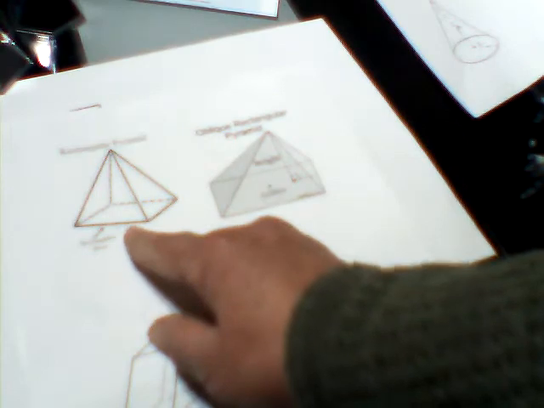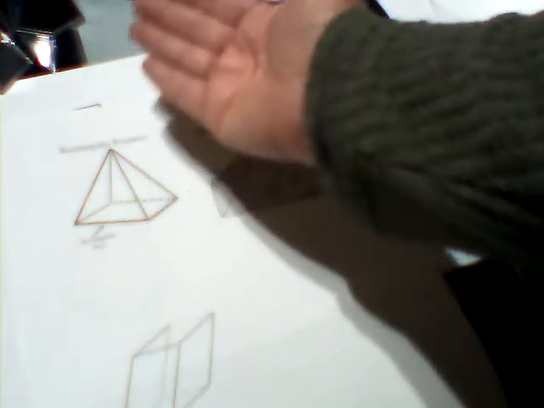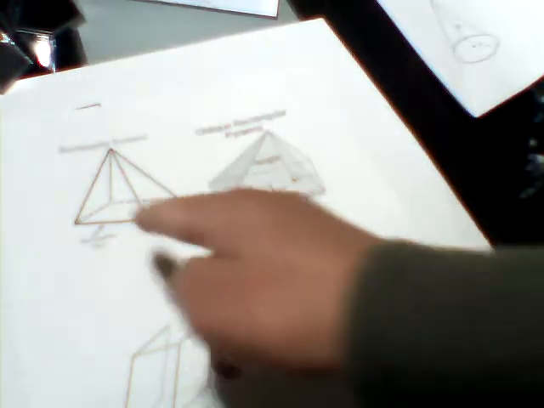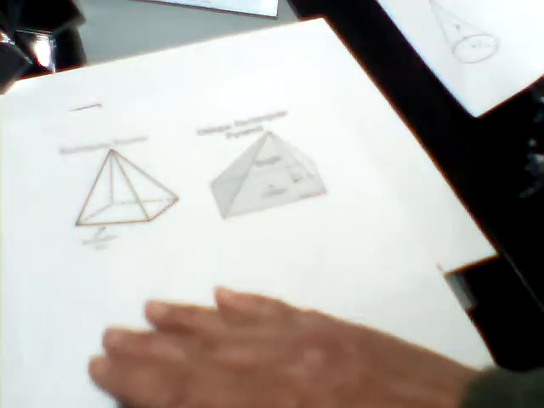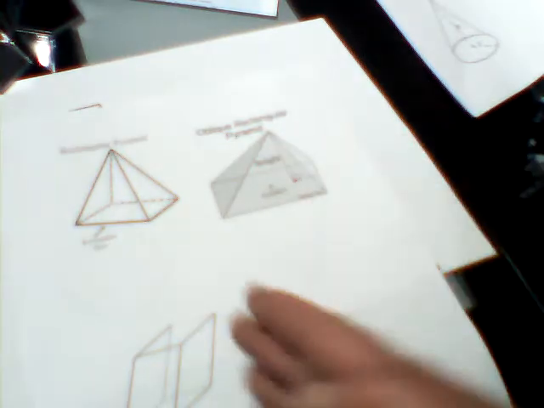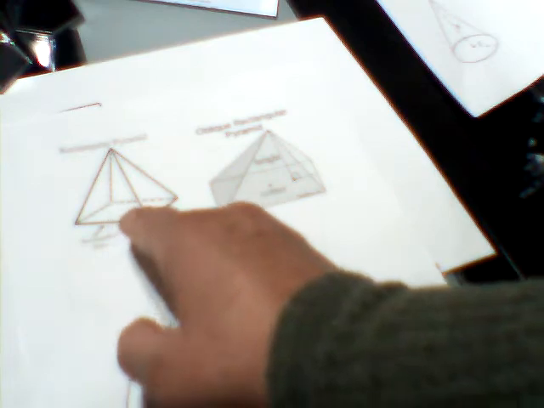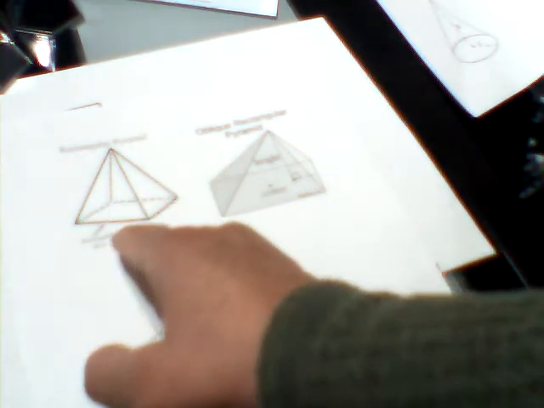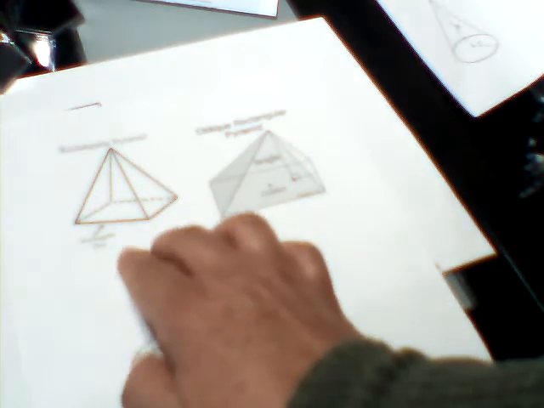Now this one still has the apex centered over the base, so we can cut it in half, just like we can cut the rectangle into two congruent pieces using our lines of symmetry. We can cut the pyramid along those two lines of symmetry through the base and the apex and cut this into congruent pieces.